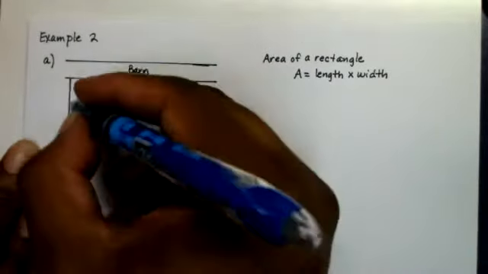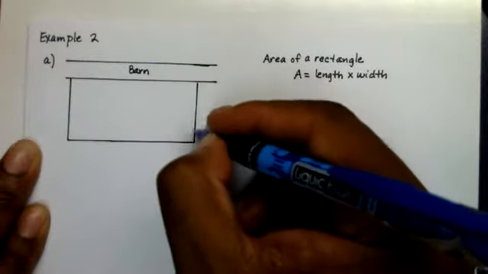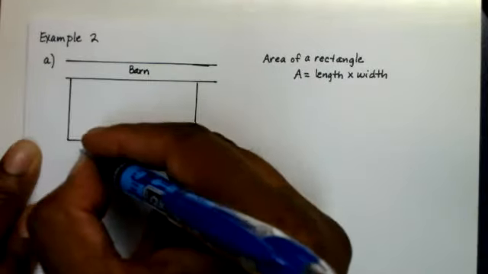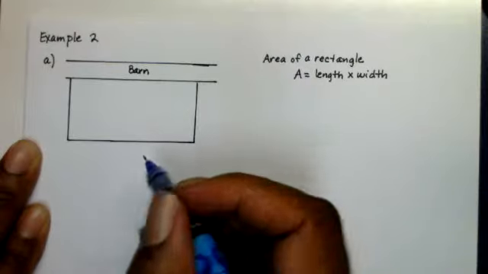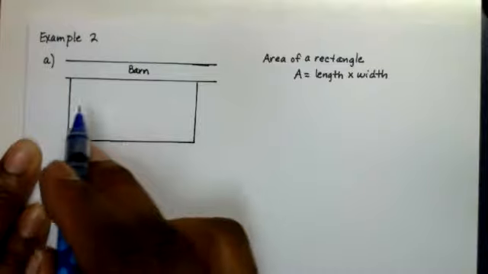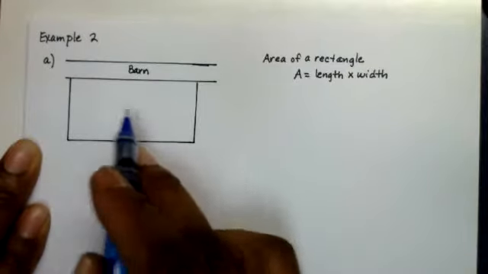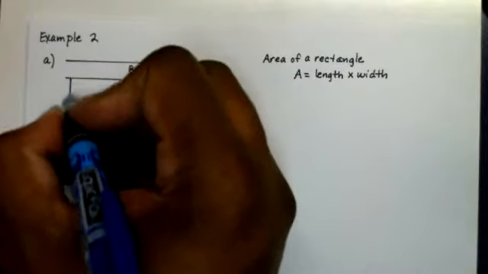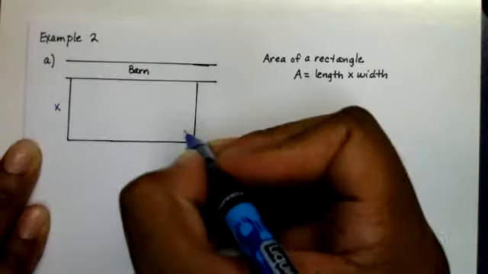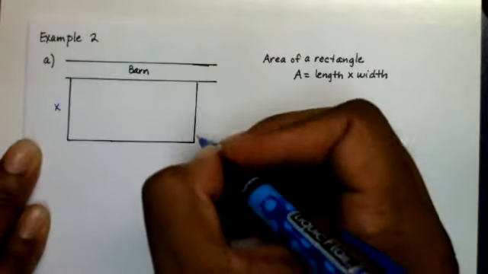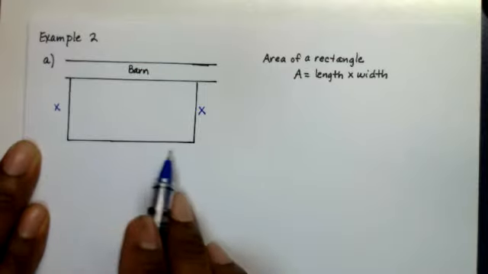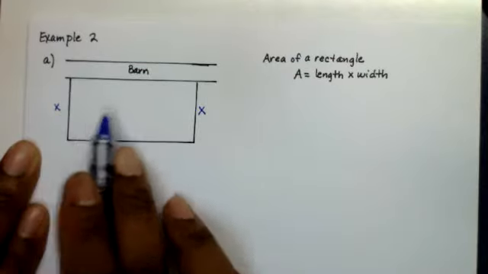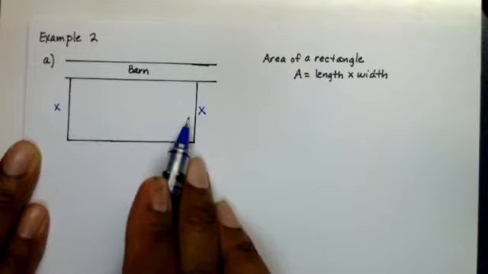Okay, now we're going to do 2,000 meters of fencing here. This part right here represents 2,000 meters of fencing, and it's going to be in the form of a rectangle. And in a rectangle, you should know that the opposite sides of a rectangle will have equal length. So if this side right here is going to be represented by X, then this side opposite that will be represented by X. Now, for the length of this side, if I add X plus X, that's 2X.